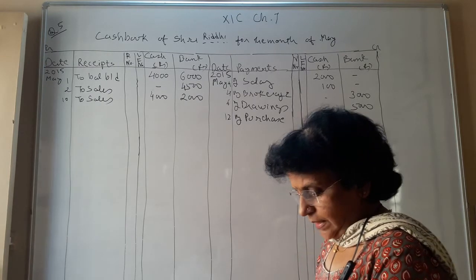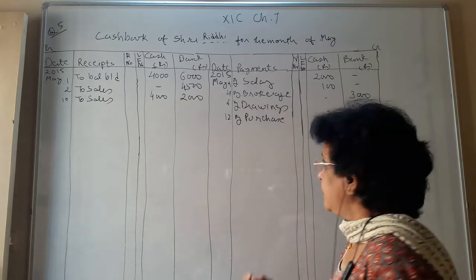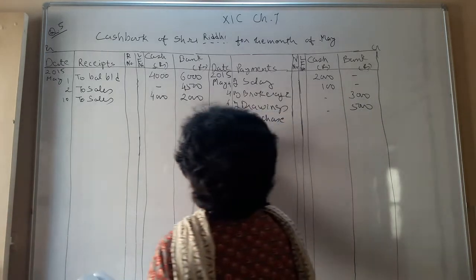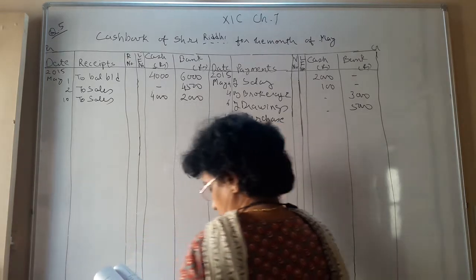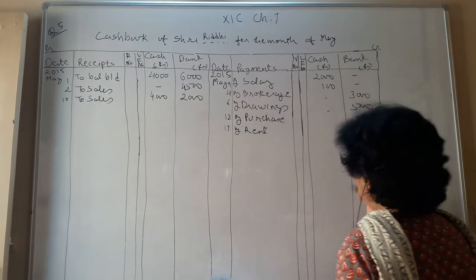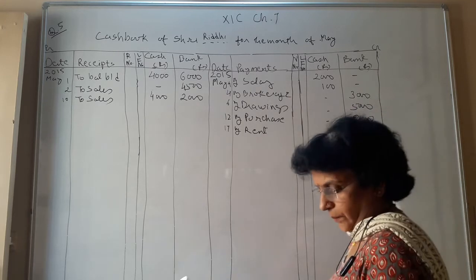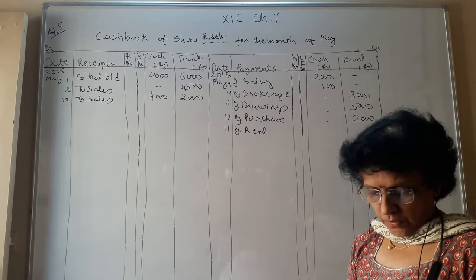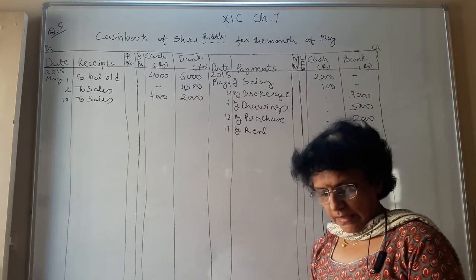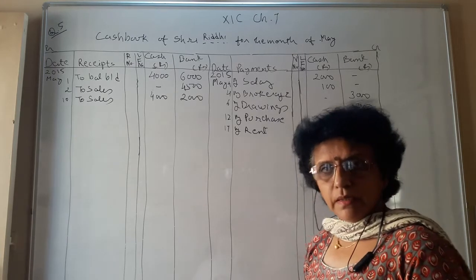Then on the 17th, shop rent 2,000 paid by check. So it is a payment. So on the 17th by rent, you have paid it by check. So write in the bank column 2,000 rupees. On 21st, goods of rupees 4,500 purchased in cash, underline in cash, at 10% trade discount.